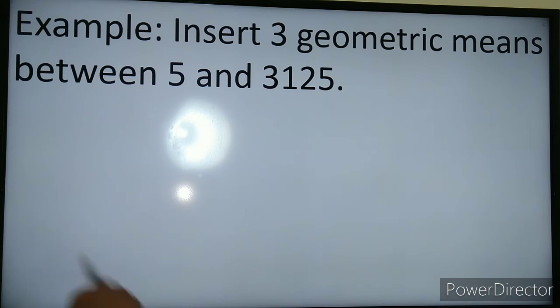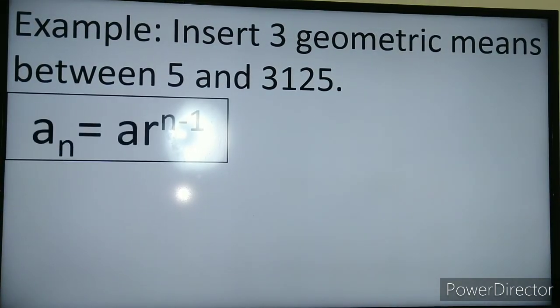So we have 5, blank, blank, blank, 3,125, because in the question we will insert 3 geometric means. Of course, we will use this formula again: a sub n equals a times r raised to n minus 1. What is the purpose of using this? In order to find the common ratio. Now, let's do the substitution.